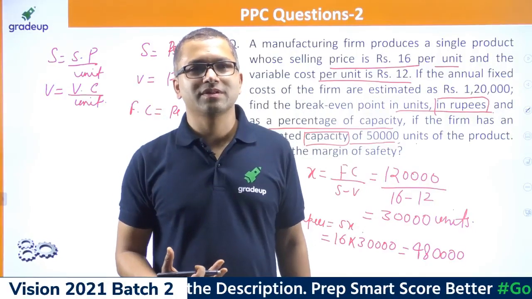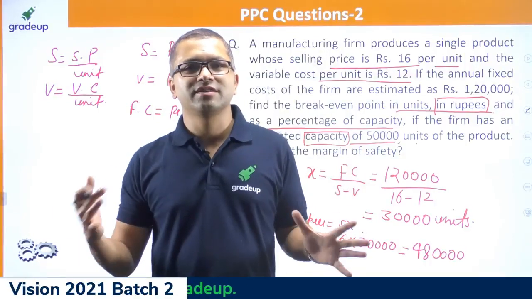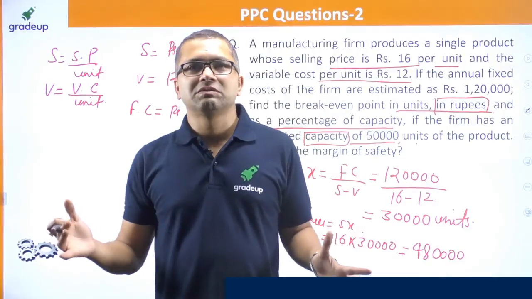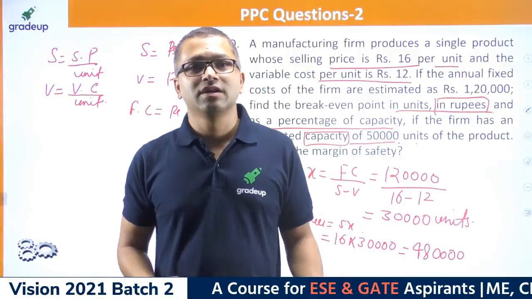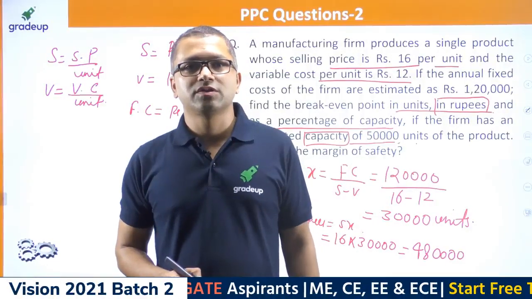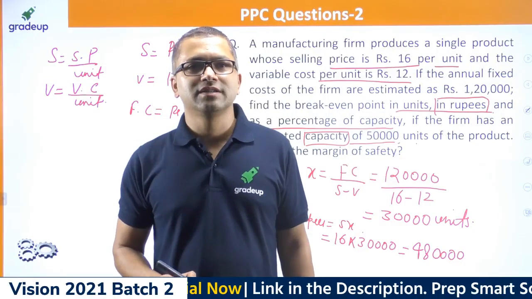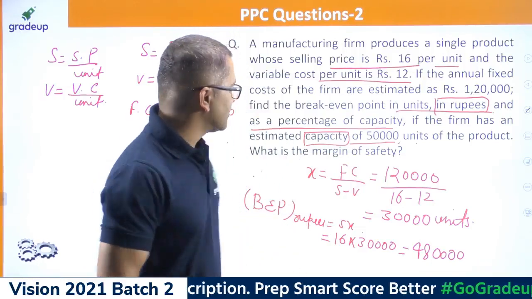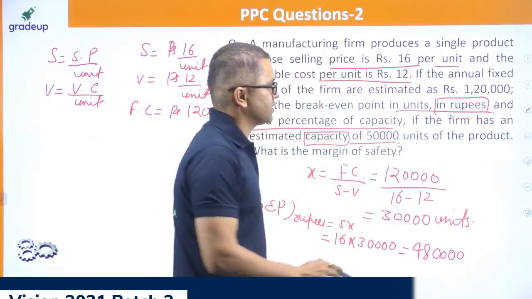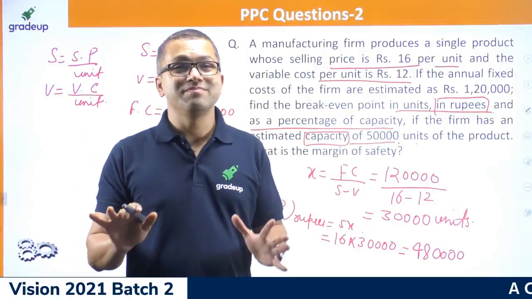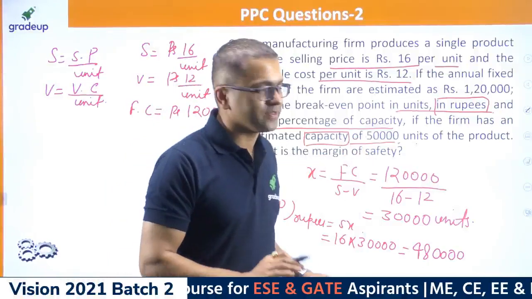Is that about storage or inventory? No, that's not inventory, Praveen. Capacity means a maximum of 50,000 units can be made by the firm. The maximum value that can be made is 50,000.